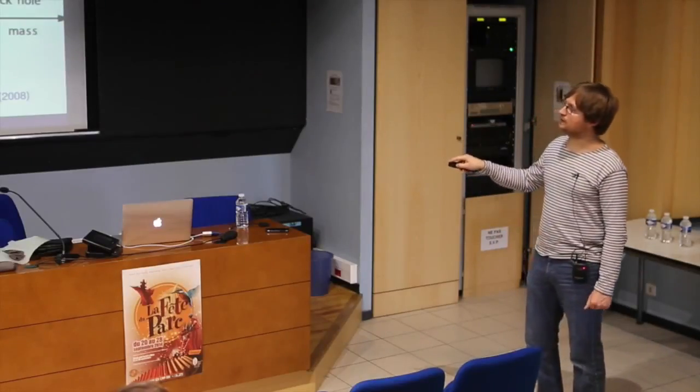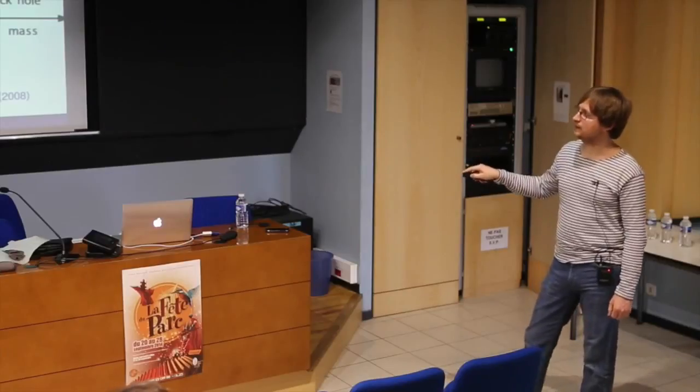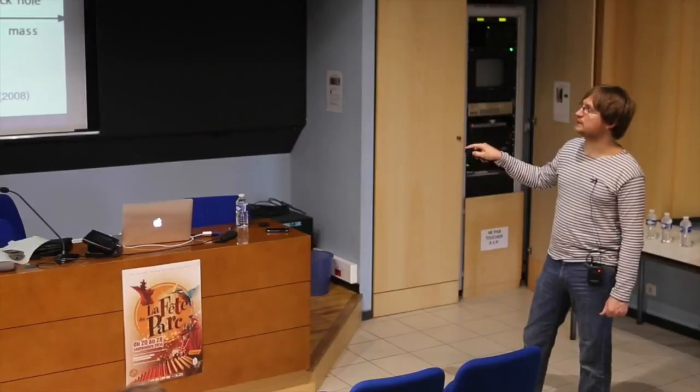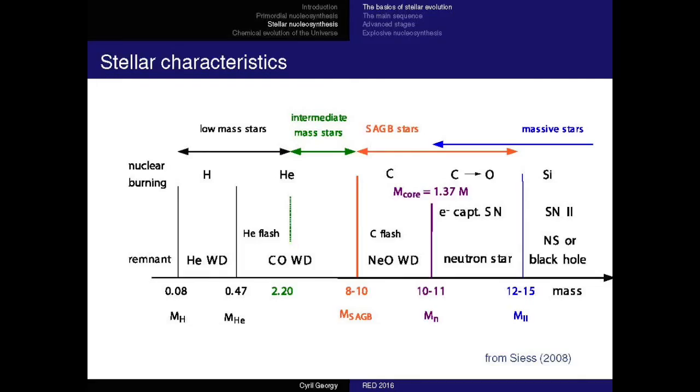Then when you go to stars that have a higher mass than half the mass of the sun, they will be able to ignite helium after the hydrogen burning. Depending on the way the helium is ignited, whether through what we call the helium flash, or steadily at the center, we have different denominations. The low mass star regime is where a flash is needed, and if the flash is not needed to ignite the helium, we enter the intermediate mass star regime.